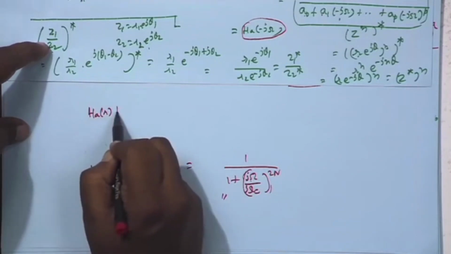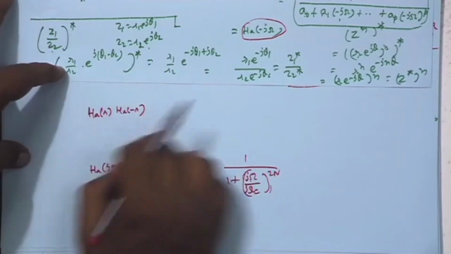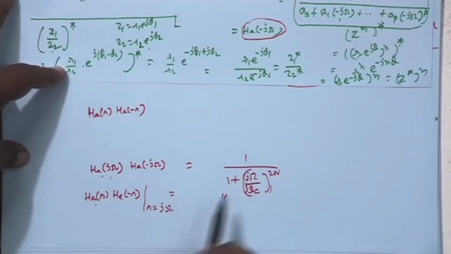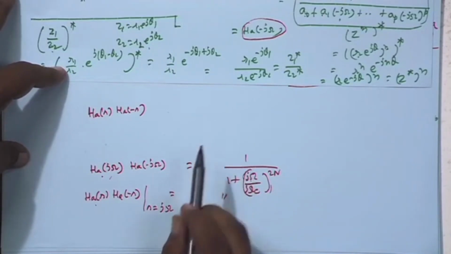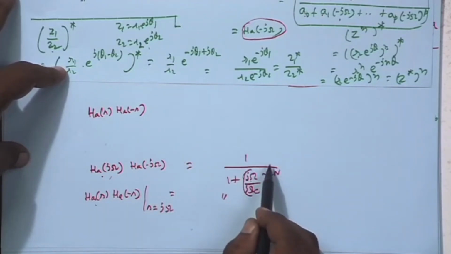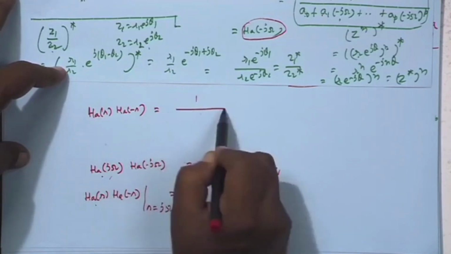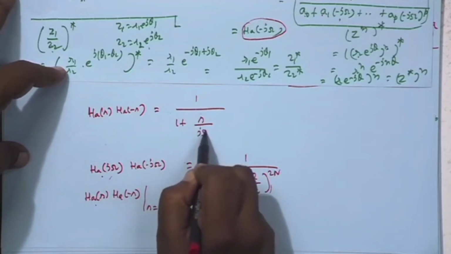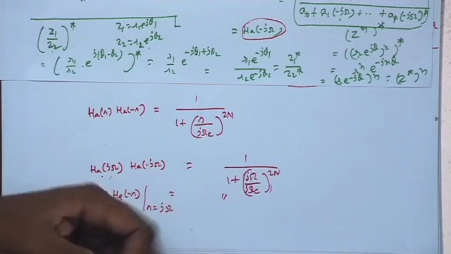What should be h a s into h a minus s, so that when I put s equal to j omega in this overall function, I get this. So, identify where is j omega, here is j omega. So, earlier I had s there, then there only I replace s by j omega, everything else remains same as it is. So, I got this function, right, which means h a s into h a minus s, I can now say it will be s by j omega c whole to the power 2n. Okay.